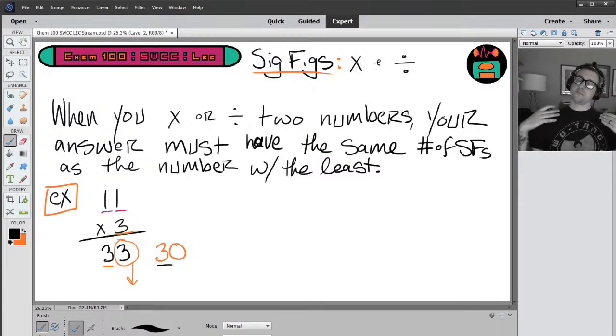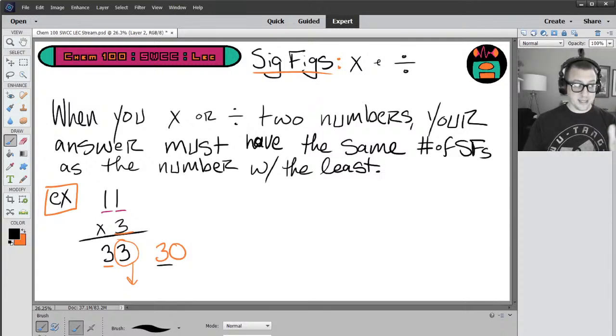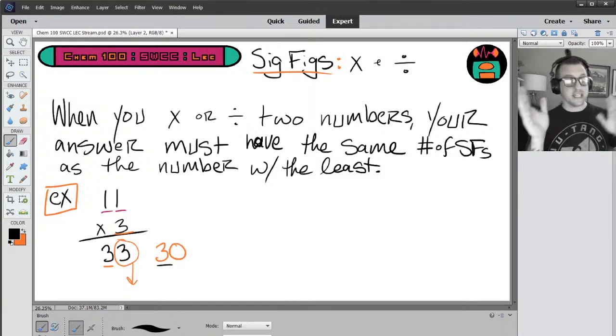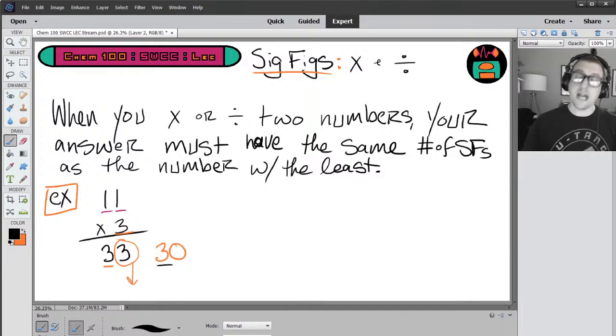Now, I remember when I first learned this as a student, this part feels straight up wrong, because you're like, math is math, and 11 times 3 is 33, not 30. To which I reply, remember, we talked about where sig figs come from.